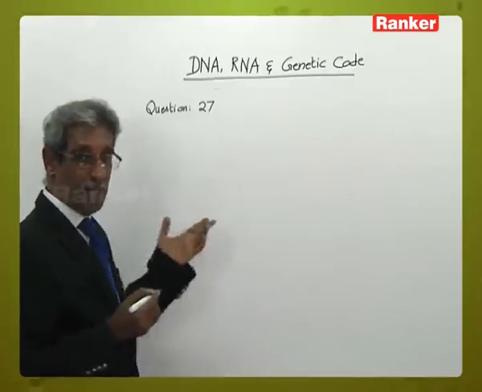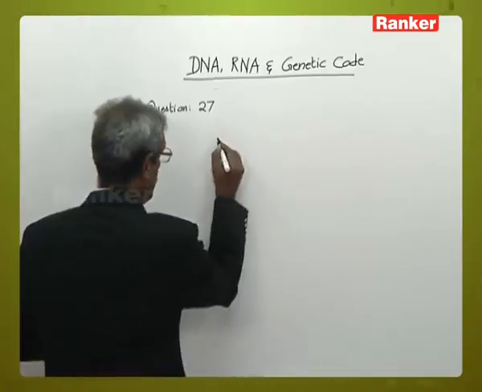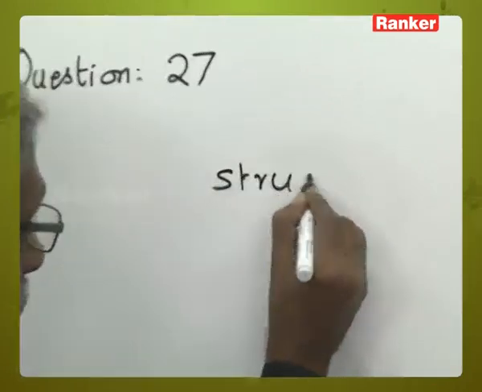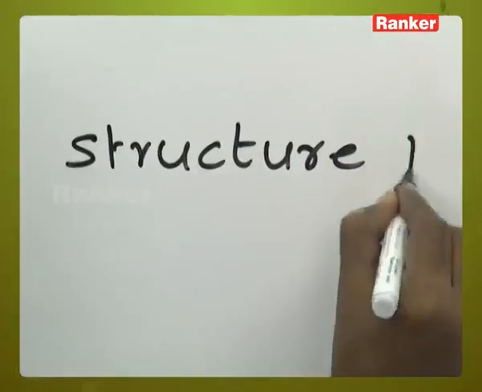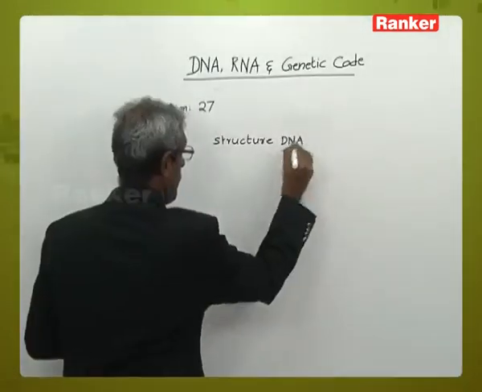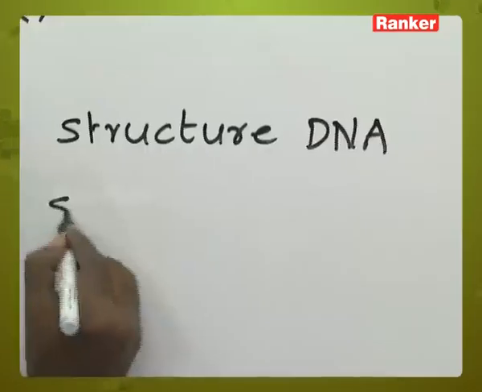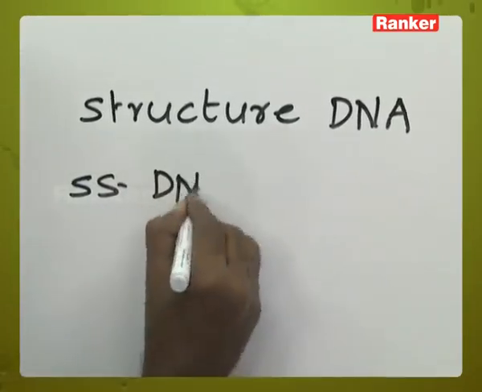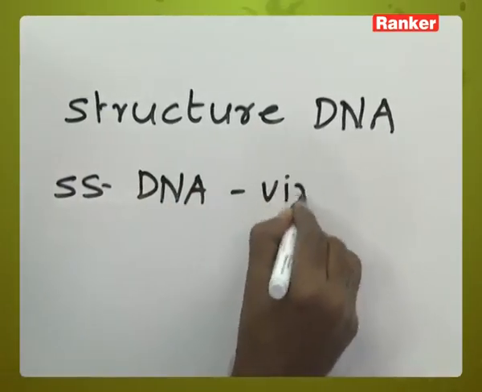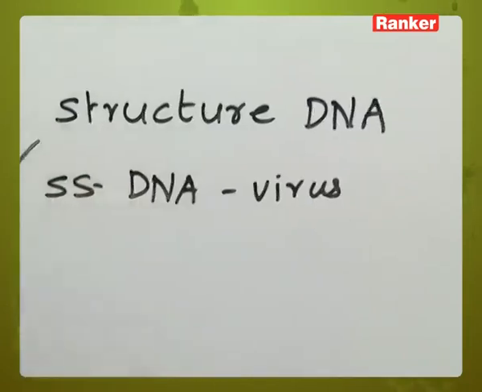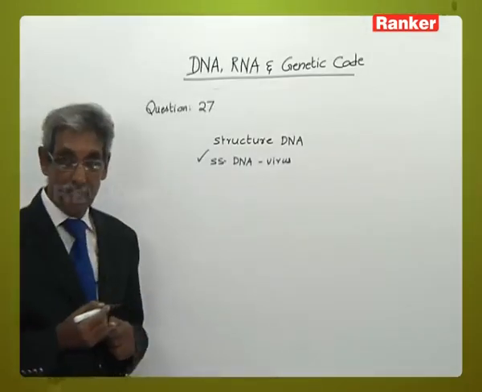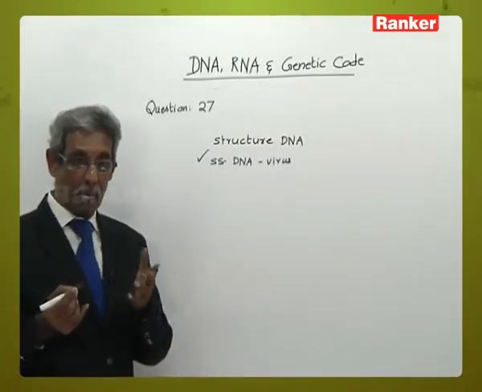Question 27 asks about the structure of DNA. It says, which of the statements is wrong? So we are going to identify the wrong statement. A says DNA can be single-stranded in some viruses. Single-stranded DNA is present in viruses, which is a right statement. B says RNA can be double-stranded occasionally.